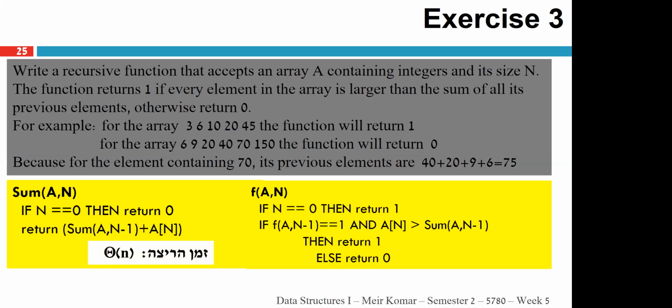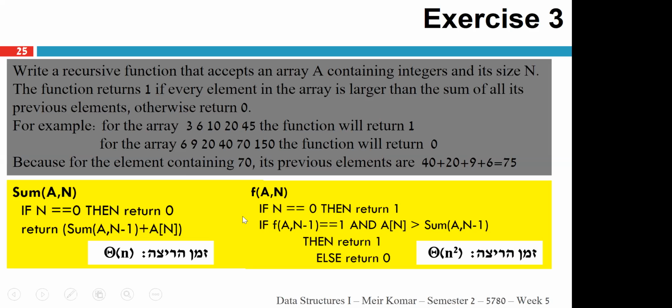Okay, my sum, in a minute we're going to go through it. Just look at the complexity for a minute. The sum function runs in n time, obviously. It's a function of n because we're going to sum up n values in the array. And f of a of n will be, how much? What's it going to cost me? n squared. Why n squared?